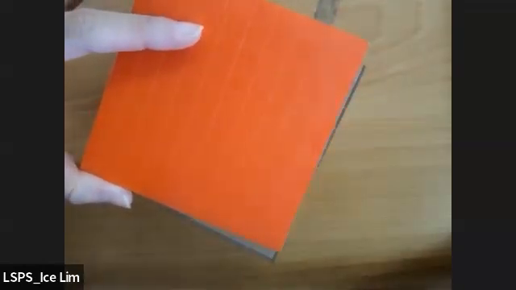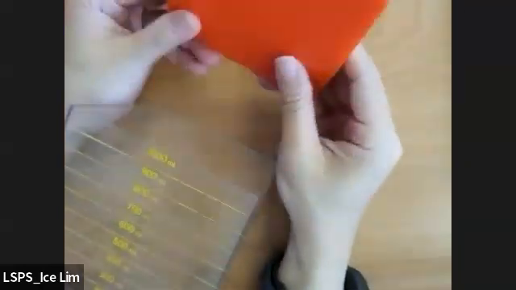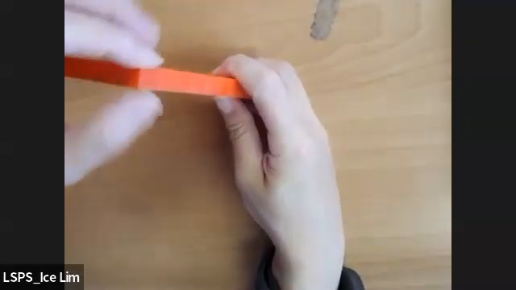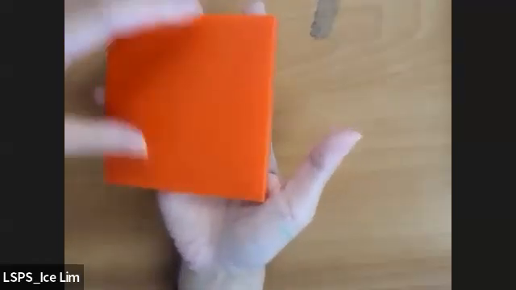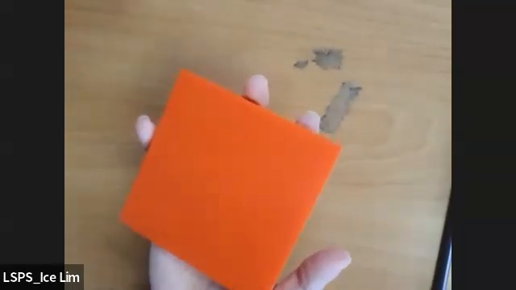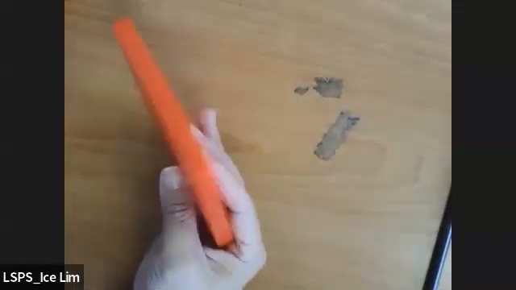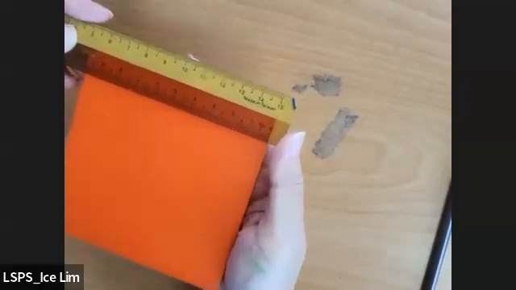Okay, 100. Let's take a look. Now, I have this piece of rectangle here with some thickness. If I take my ruler, I measure this rectangle. It's actually, can you see?